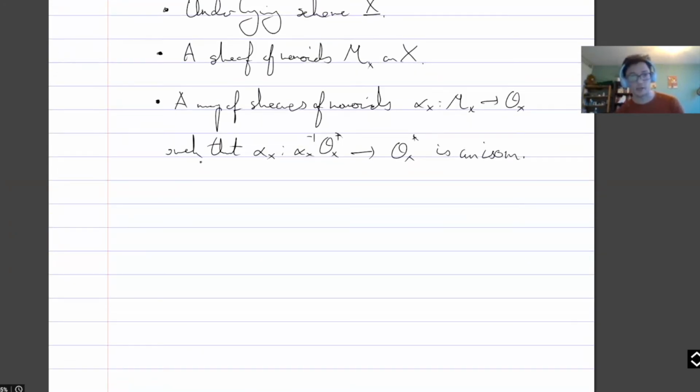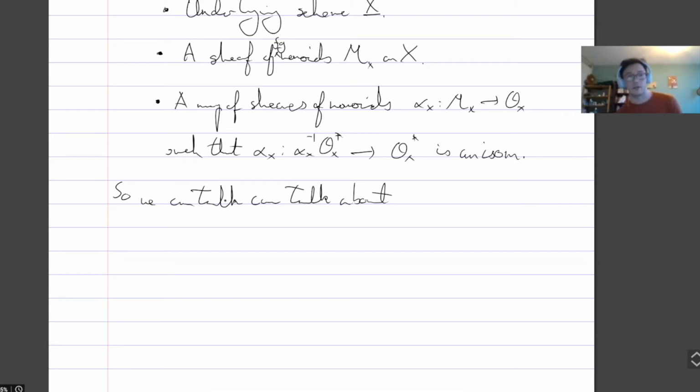Okay, so one particular part of that is, we can talk about a sort of auxiliary sheaf. Oh, sorry, I should have said this is a sheaf of finitely generated monoids.